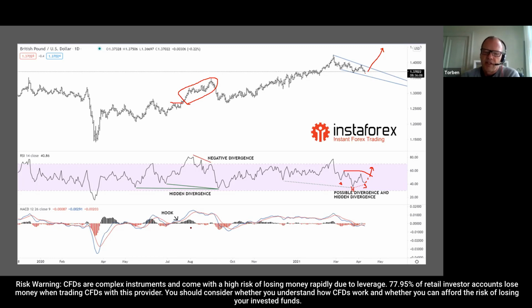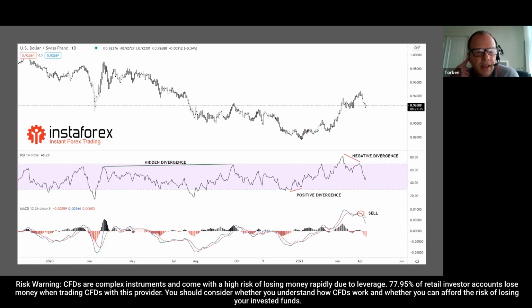So the dollar actually does look as if it's ready to repeat its dropping trend against the majors. So that might be worth looking for in the future. Swiss franc, same issue. Negative divergence in both of them actually.